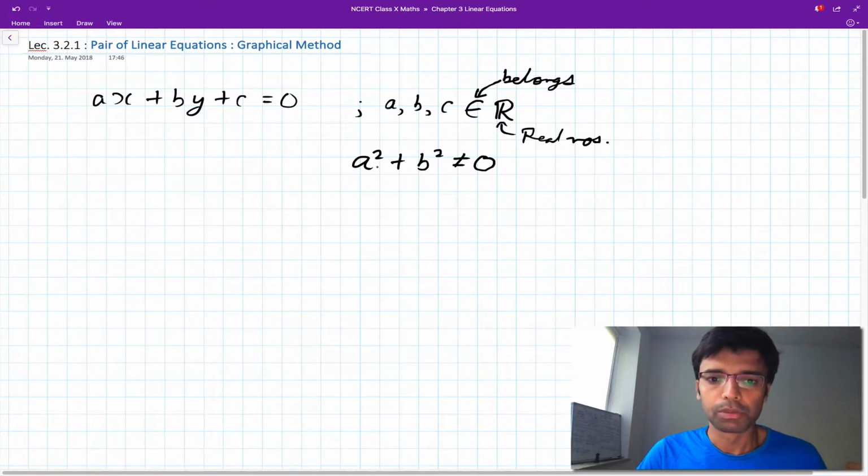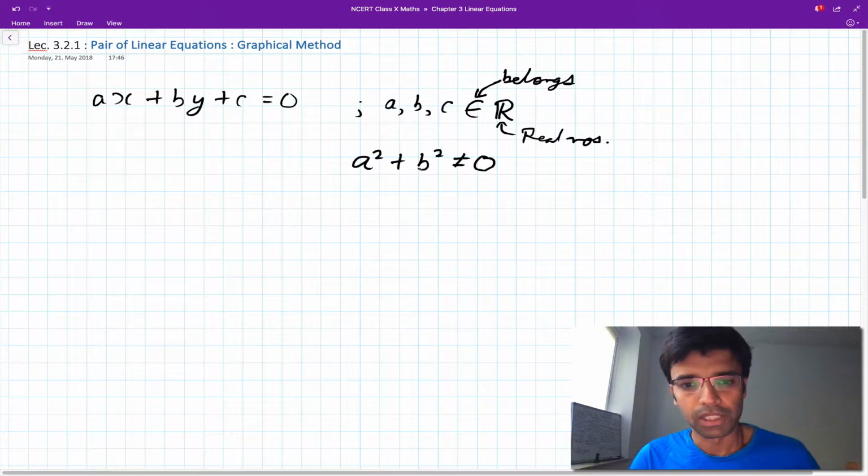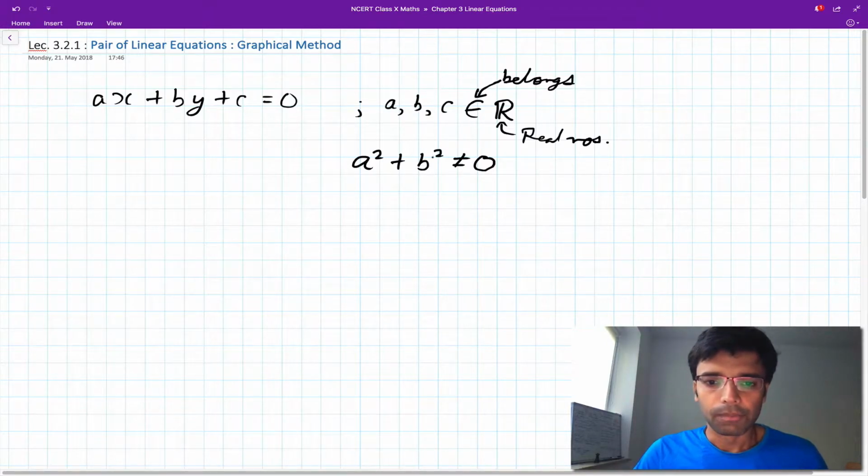If it is a real number, you can think of any number on the number line from negative to positive, and if you square it, it will always be positive. So for this term to be 0, a has to be 0, and the same applies for b. For b square to be 0, b has to be 0.